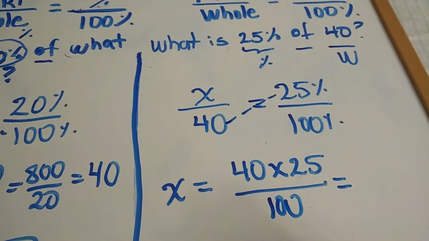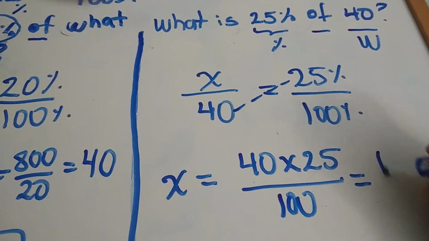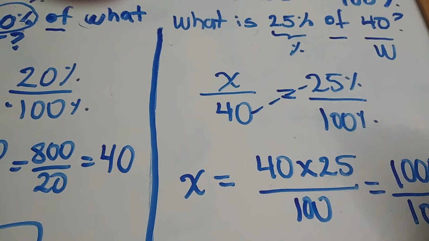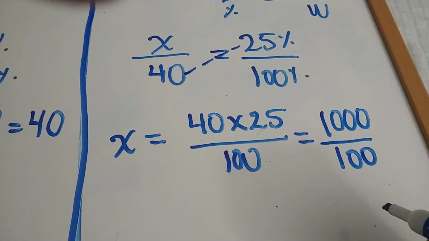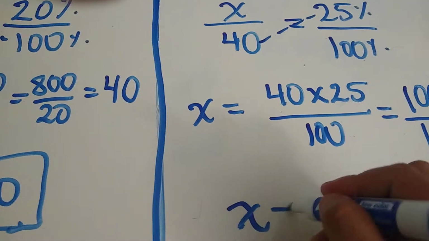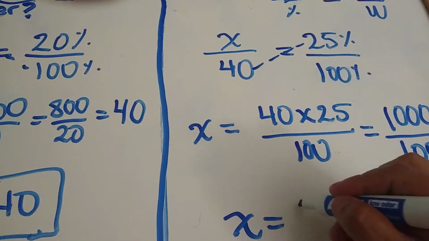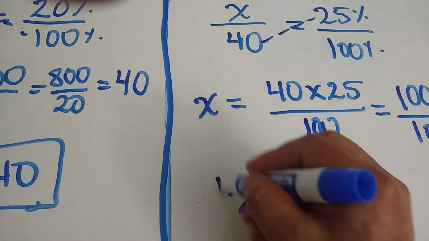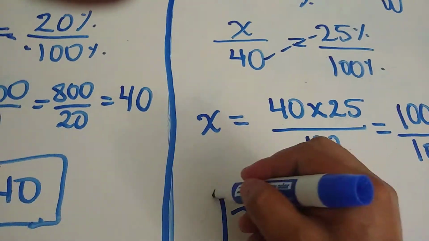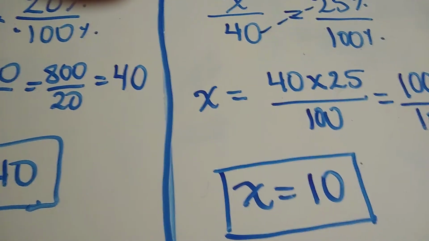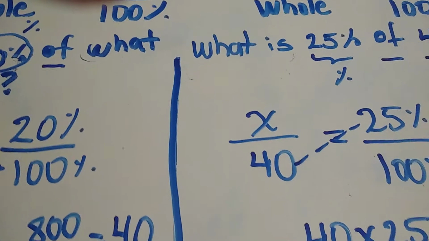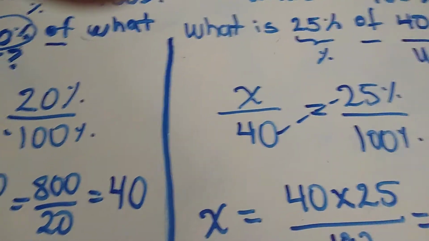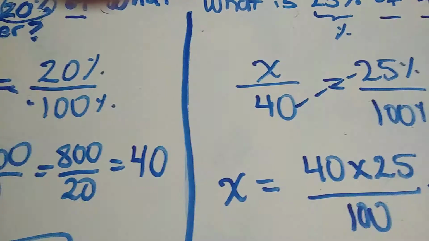So let's multiply this. It's going to be 1,000 over 100 right there. So X is equal to 10. 1,000 over 100 is equal to 10. And again, is it a number or a percent? We're looking for what is 25% of 40. We're looking for a number, and X is on the number side.